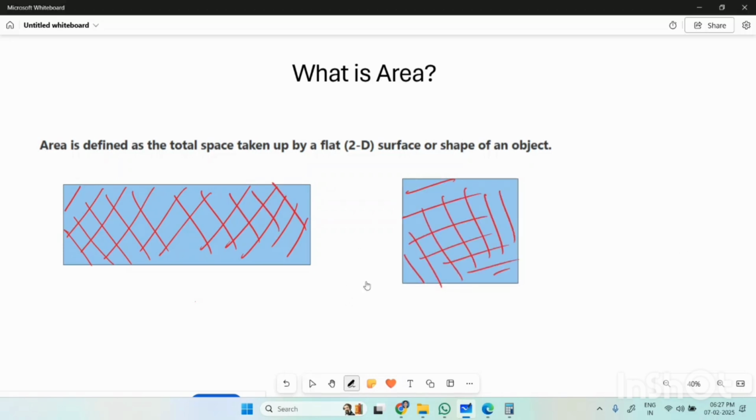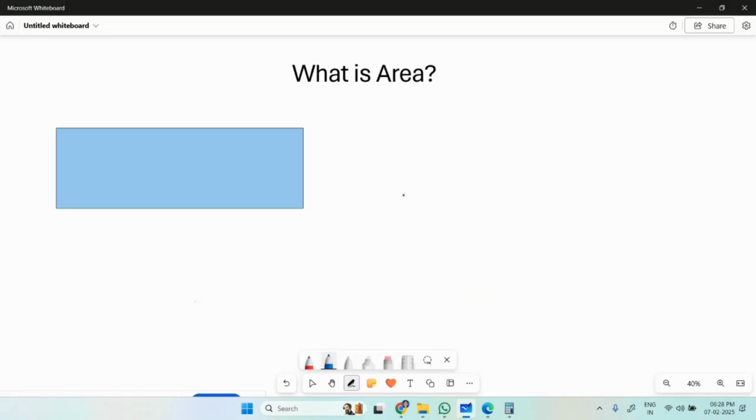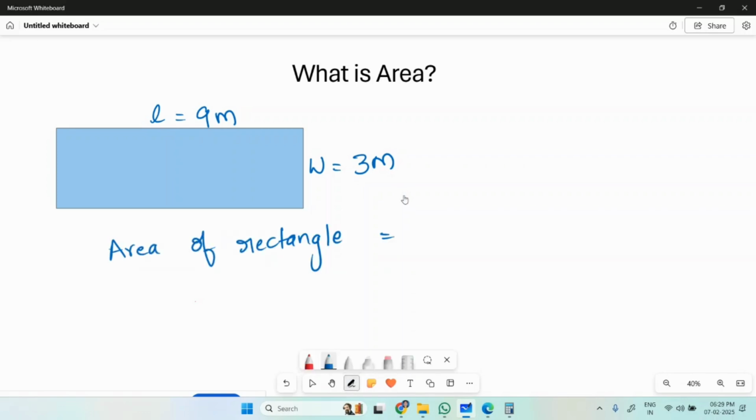Now let's learn how to find the area of 2D shapes. This is a rectangle. A rectangle has length and width. Now let's take the length as 9 meters and the width as 3 meters. To find the area of a rectangle, we have to multiply length times width.